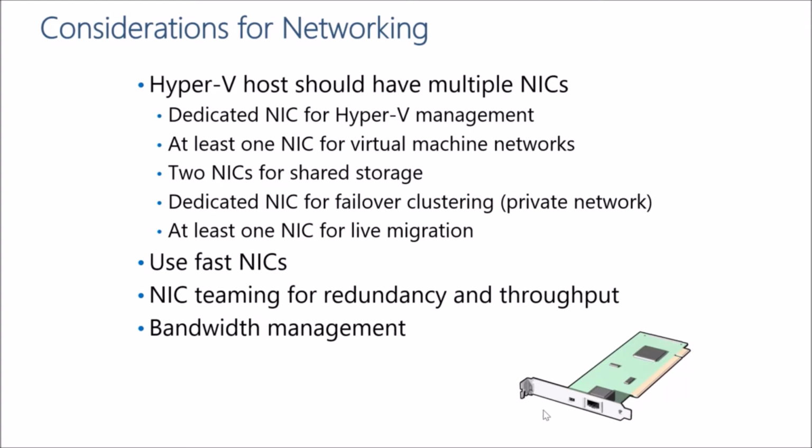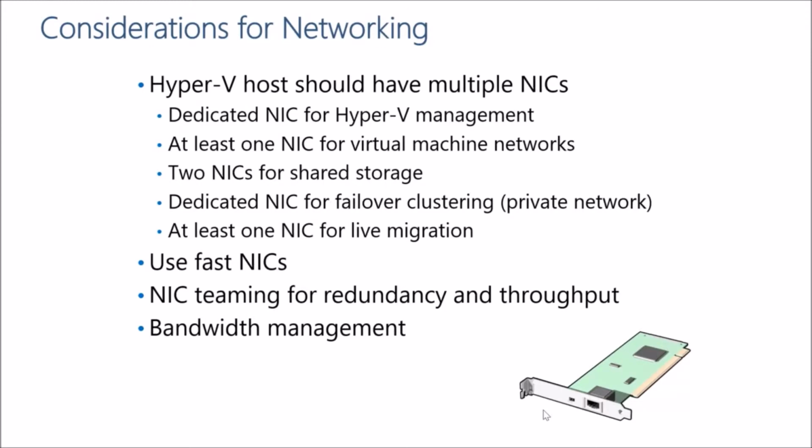You should use fast NICs. Obviously we've got gigabit, but also 10 gigabit and faster networks, as well as many other networking technologies. There's another thing as well. If we only have small, slow network cards, we can do what's called NIC teaming.